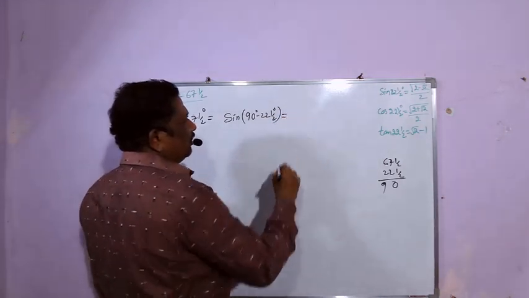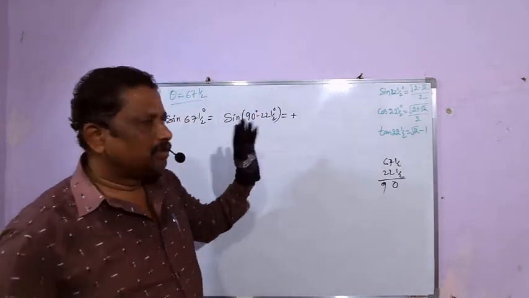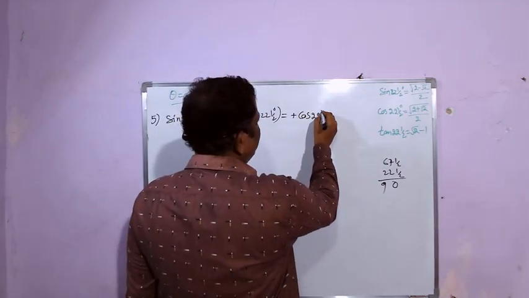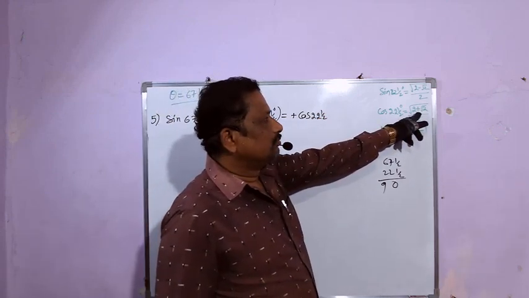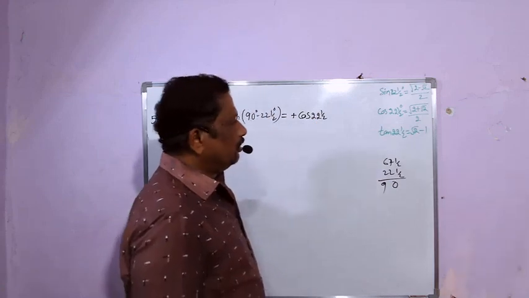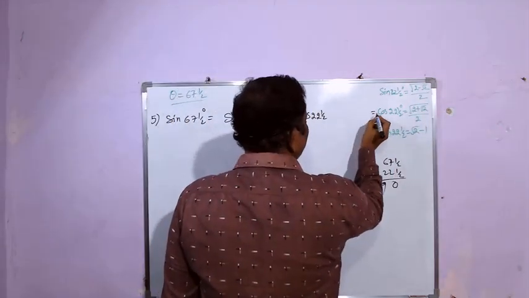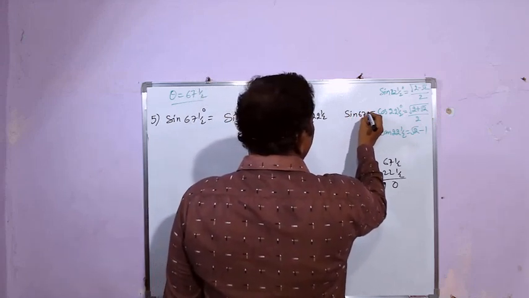So it falls in the first quadrant, all are positive. It is operating on the y-axis, so sine will become cos 22.5 degrees. What is the cos 22.5 degrees value? Under root 2 plus root 2 by 2. So that means this is equal to sine 67.5 degrees.